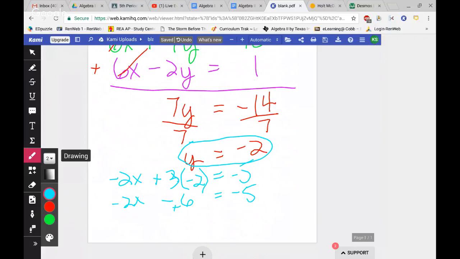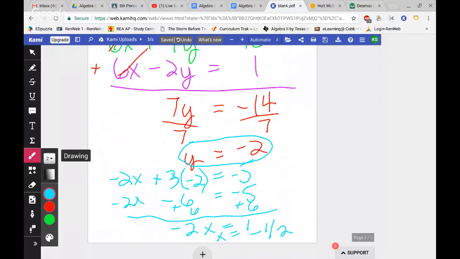If I add 6 to both sides, I'm going to get -2x equals 1, and then x equals -1/2.